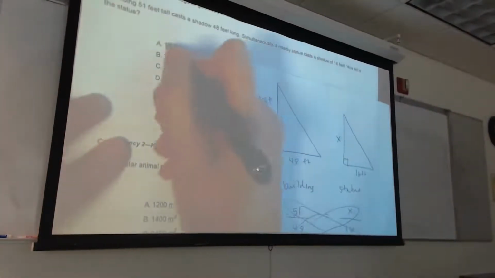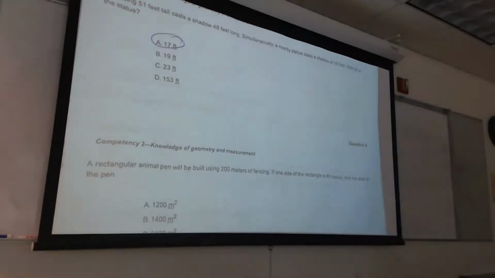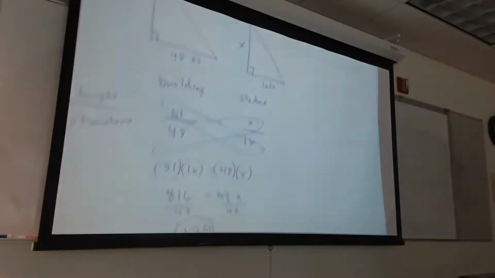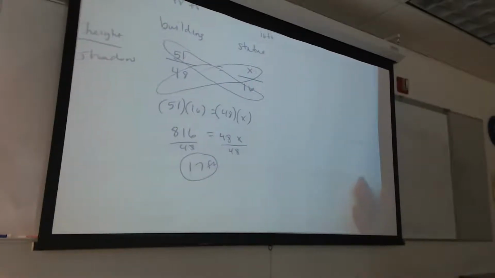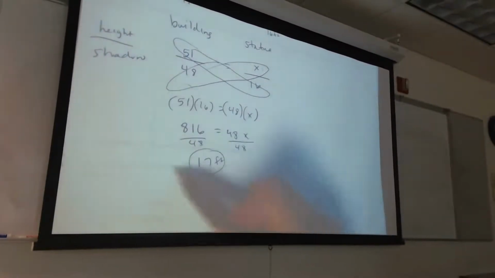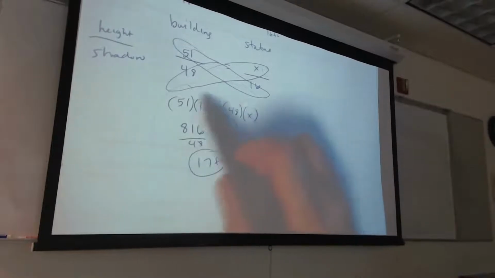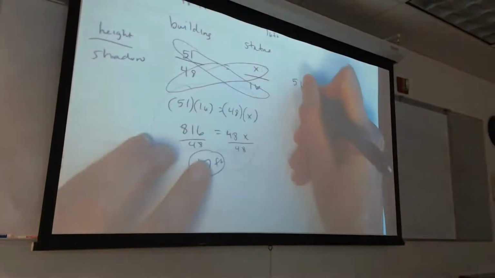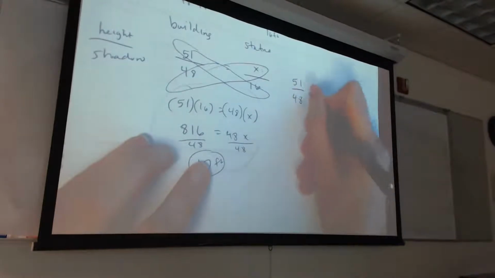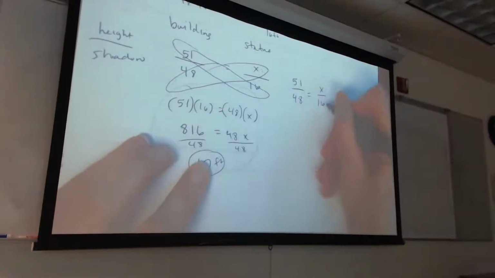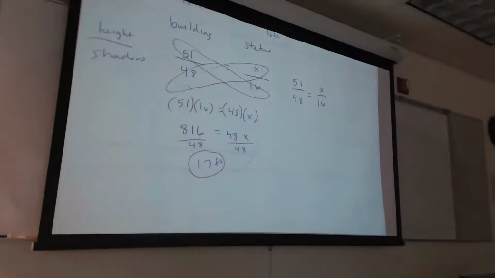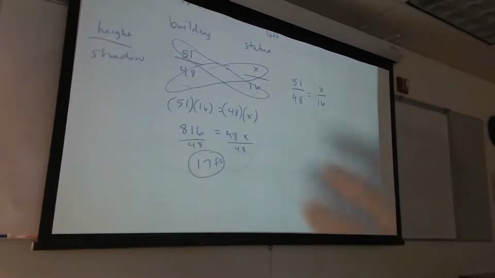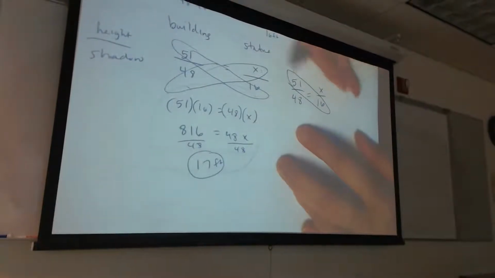All right? Now, using this same problem, I'm going to teach you a really quick shortcut. Obviously, if you want to go through this whole process of solving it and writing it all out, do it if you need to. But here's a shortcut. If you know 3 of the 4 things, you can cross multiply.